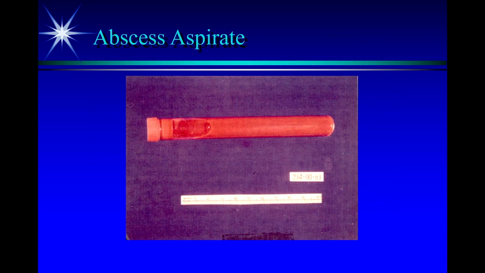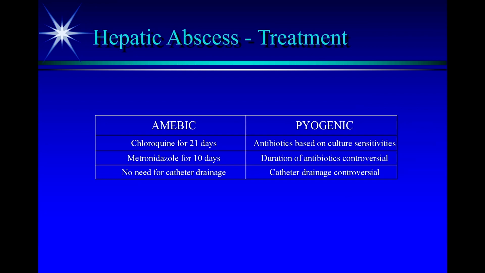So this is an abscess that was aspirated, and it shows that typical kind of tomato-colored, anchovy paste-looking, non-odorous aspirate. And of course, this patient had an amoebic abscess. The treatment of an amoebic abscess is chloroquine or Flagyl.